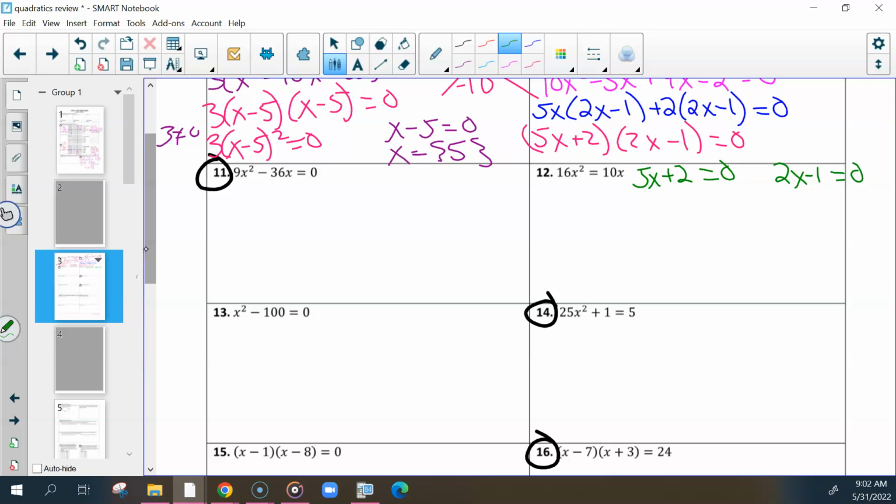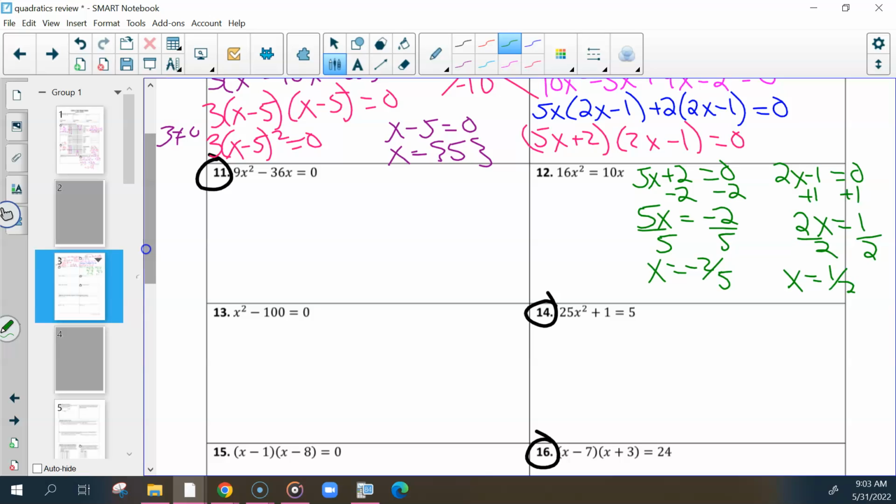From this, solve both of these. So you'll get two fractions for this one.